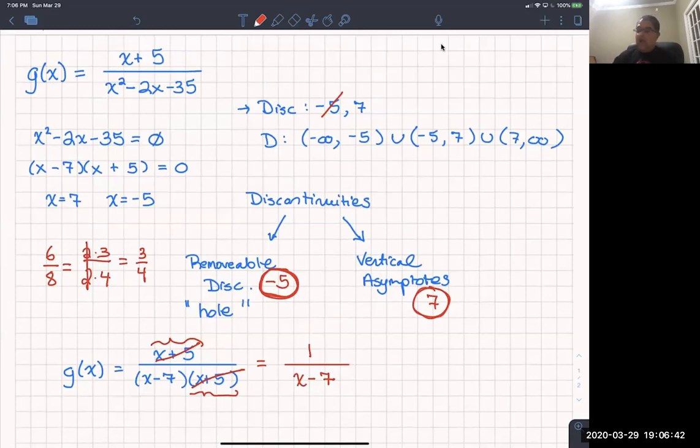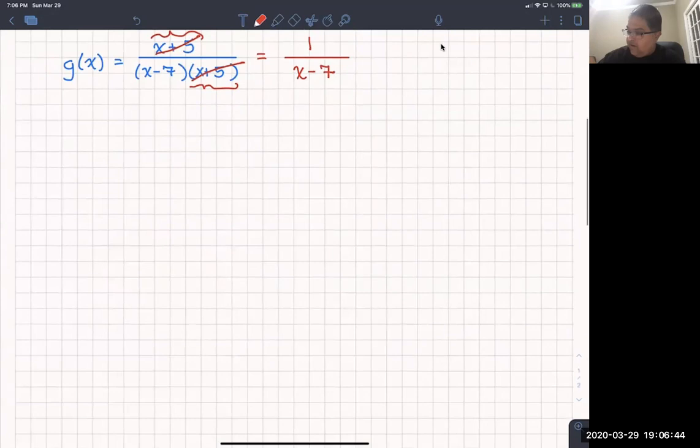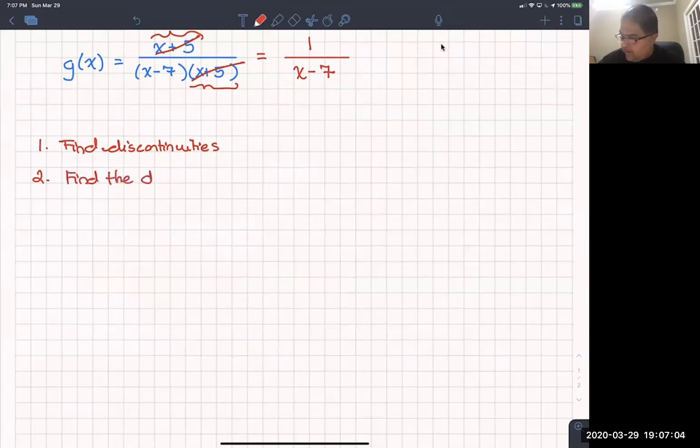So how are we going to do these going forward? Well, first, you're going to find the discontinuities. Find the domain. Then we're going to factor both the numerator and denominator.